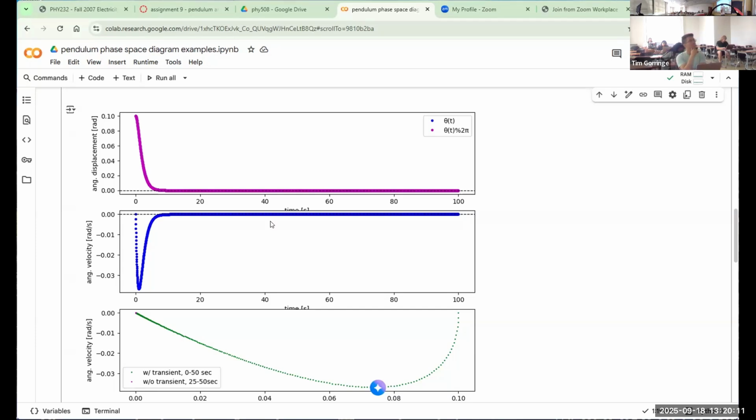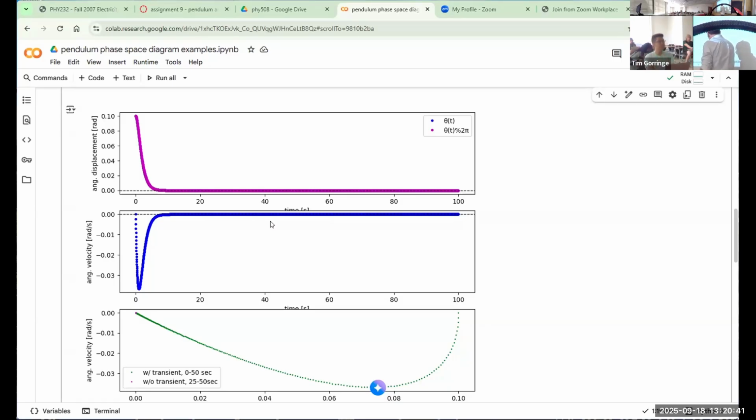So again, we're releasing the pendulum from theta of 0.1 radian with an angular velocity that's 0. So it's going to start, under the restoring force, accelerating back towards the equilibrium point. But as it starts moving back towards the equilibrium point, in proportion to the motion, there's going to be a damping force, a linear damping force.